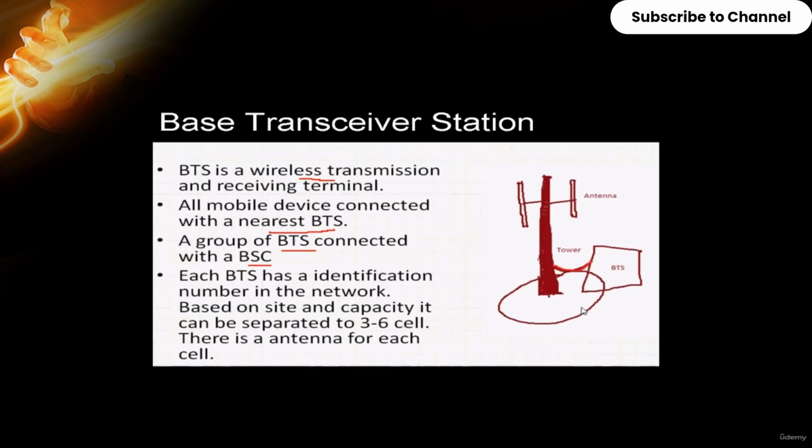Each BTS has an identification number. Based on this number and the necessity, it can form particular cells, and the antenna will cover the message. In each and every cell, messages are transferred.